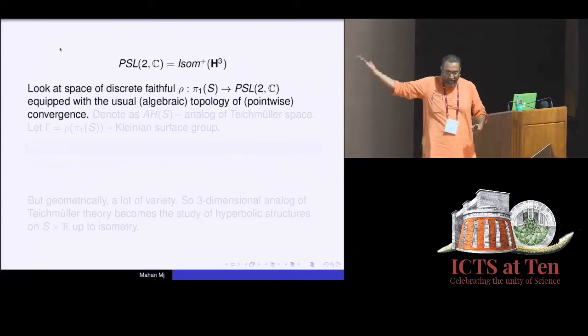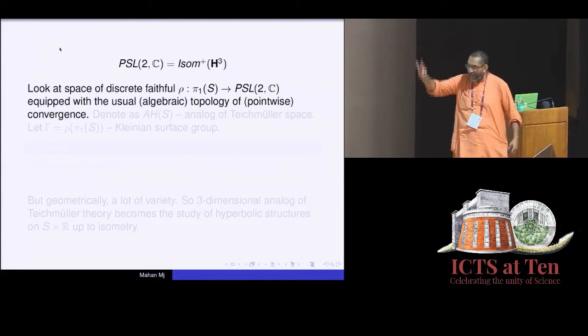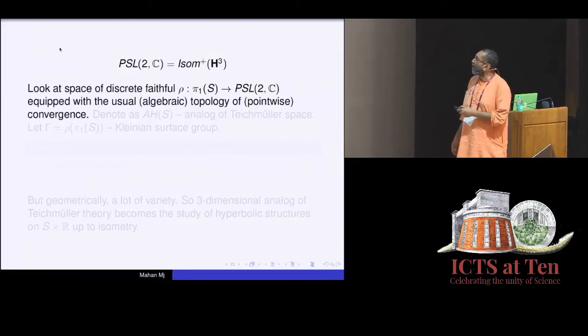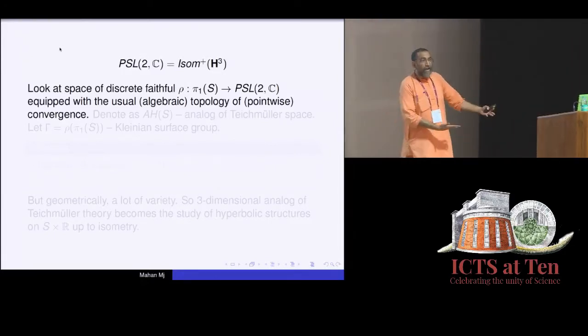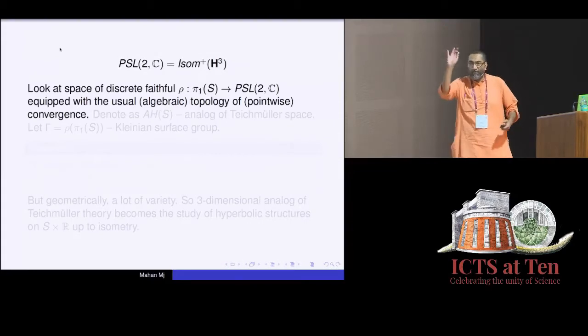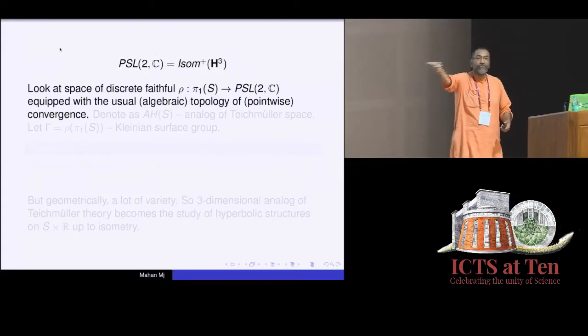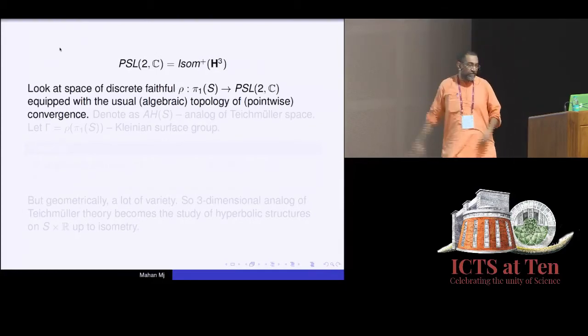So you think of your fundamental group as a discrete countable set, and you pick any group element G from this abstract discrete group pi1 S, and you say that a sequence of representations rho n converges to a representation rho infinity if, for that element G, rho n of G converges to rho infinity of G as an element of this matrix group SL2C.